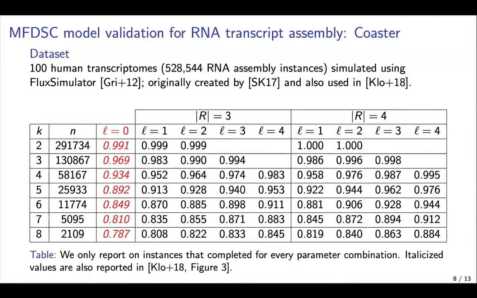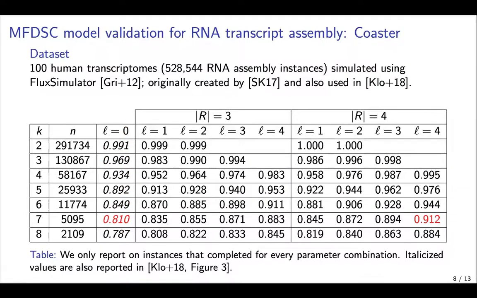So when the number of subpath constraints is 0, MFDSC is just MFD. So these numbers in this column were also reported in the Toboggan paper. And we see that accuracy goes down as k goes up, k being the size of the ground truth.